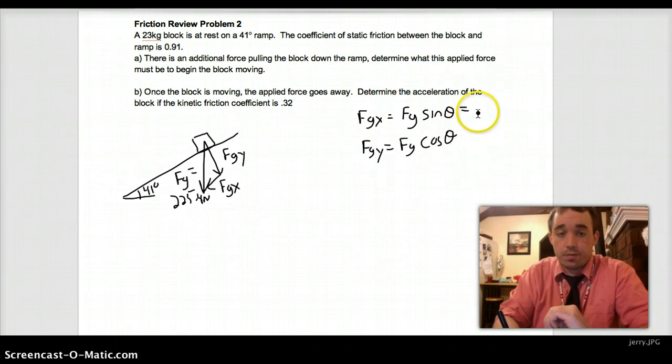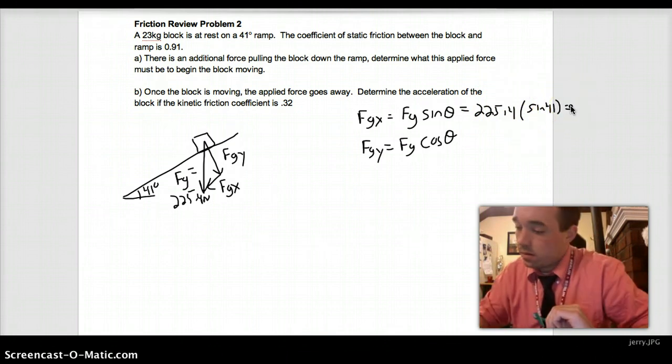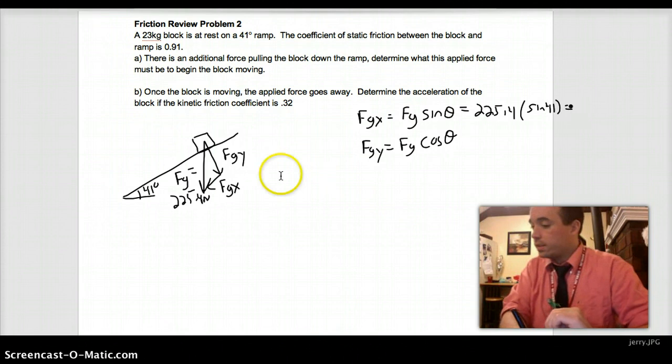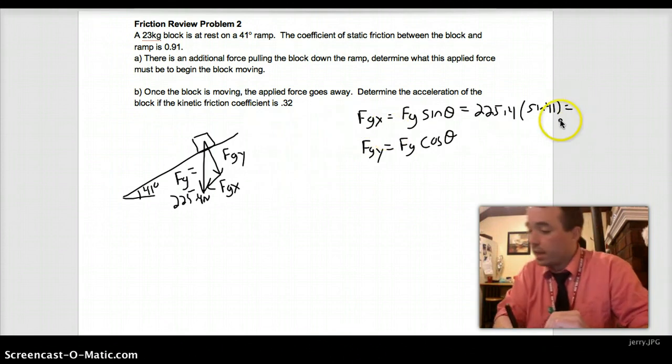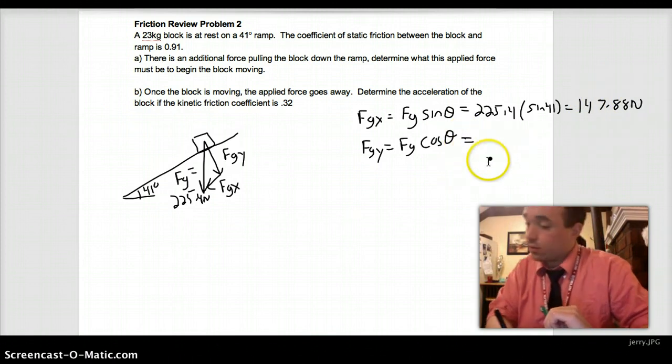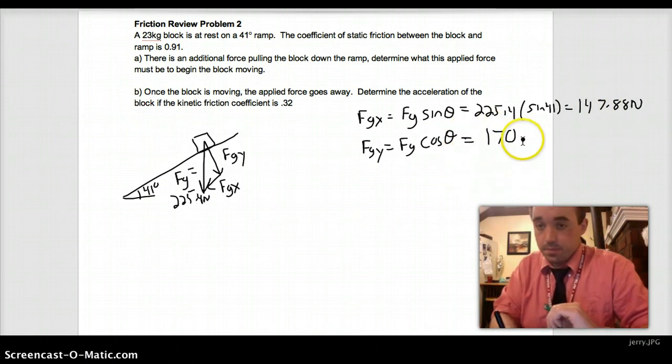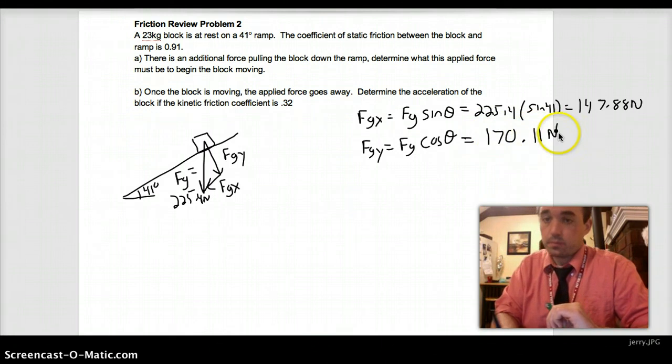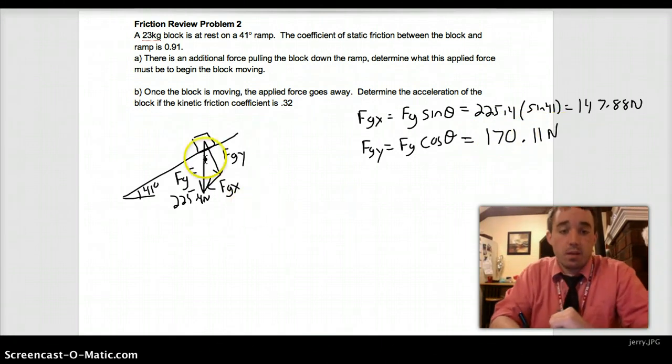FG, 225.4, times the sine of 41 equals 147.88 newtons. And while I was at it, I did the FGY, 170.11 newtons. All right, so I'm done with the FG.